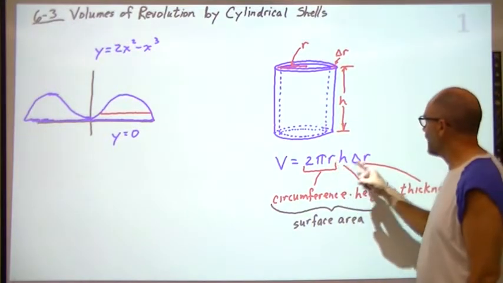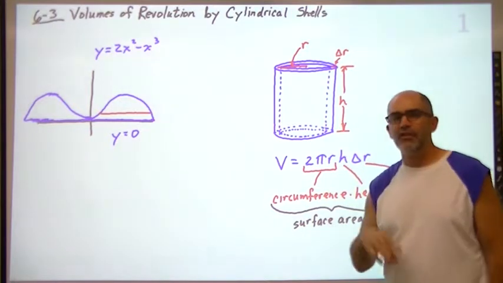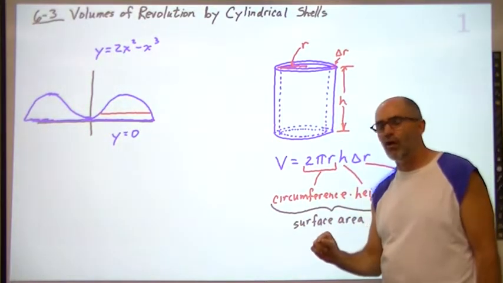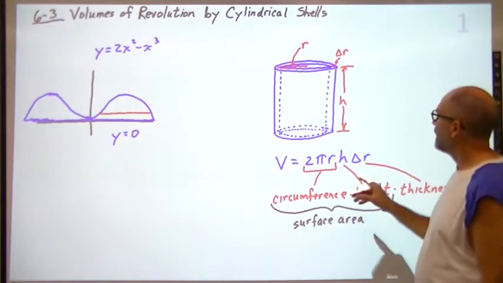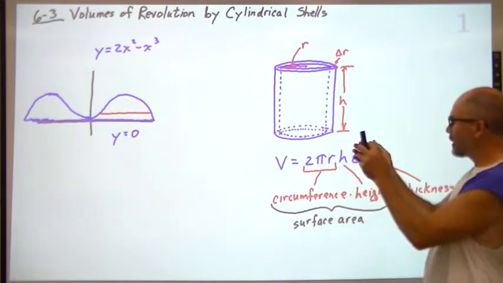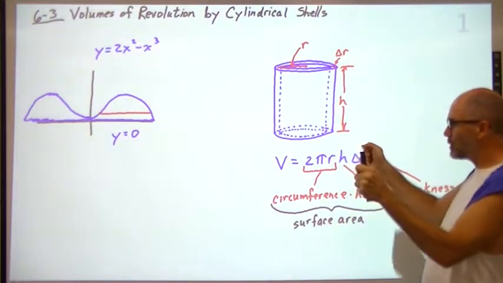So 2 pi r h delta r. Now the delta r is always going to be either dx or dy because that's the infinitesimally small portion. And so these shells are going to start around the axis and move out.